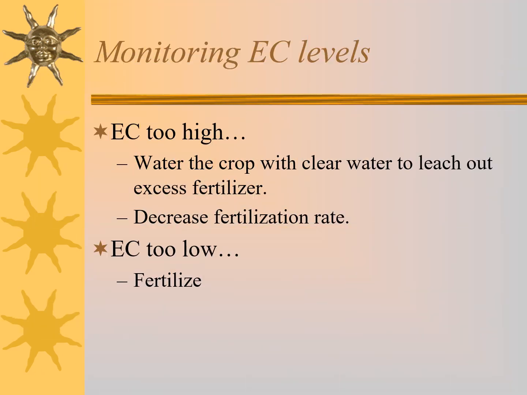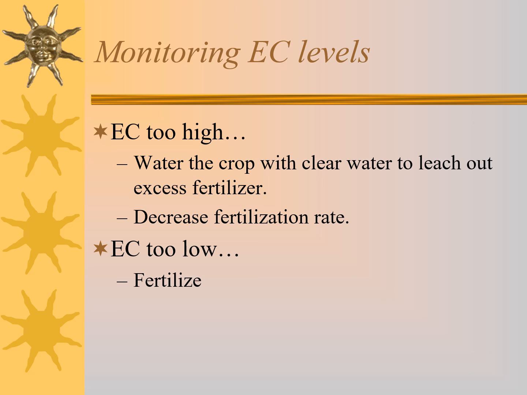Why do we do that? We do that because when monitoring electrical conductivity levels, if we find out that the levels are too high, then basically we have a couple of choices, a couple of management options. One option is we can water the crop with clear irrigation water to leach out the excess fertilizer.